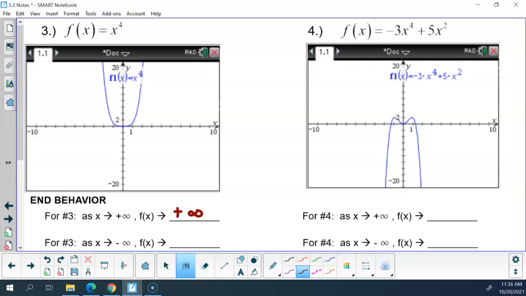Both of those are going the same direction, yes, but you have to write them out separately. Right one, as x is approaching positive infinity, f of x is going to negative infinity. And as x is approaching negative infinity, f of x is going to negative infinity.